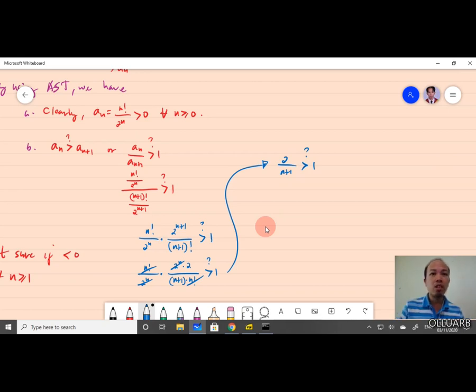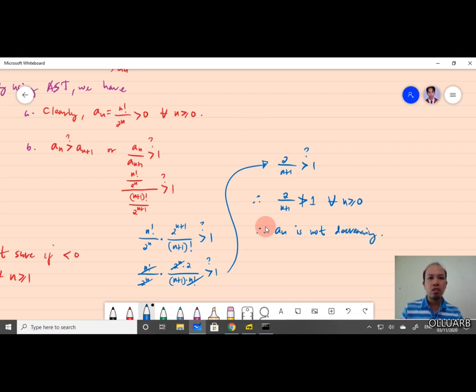When n is equal to 0, it's true. When n is equal to 1, this becomes false. Therefore 2 over n plus 1 is not greater than 1 for all n greater than or equal to 0. Therefore, a sub n is not decreasing.